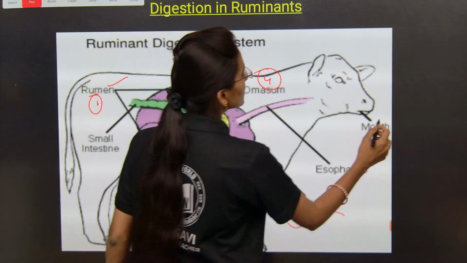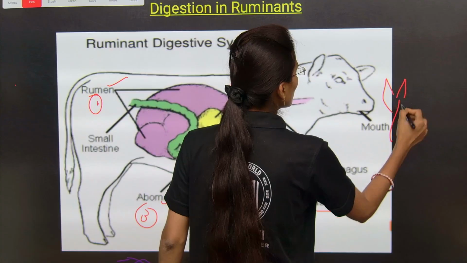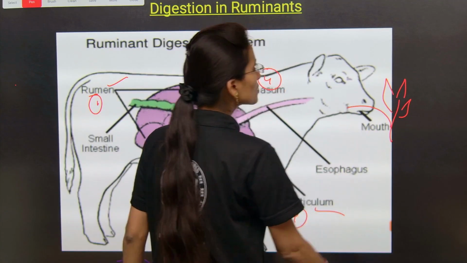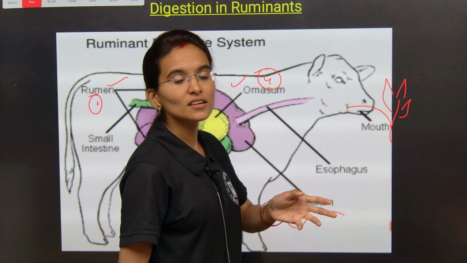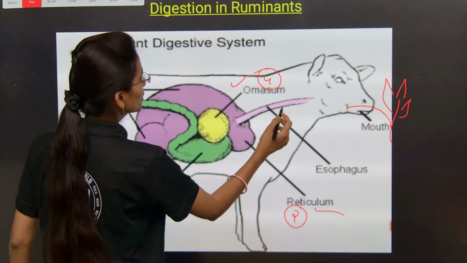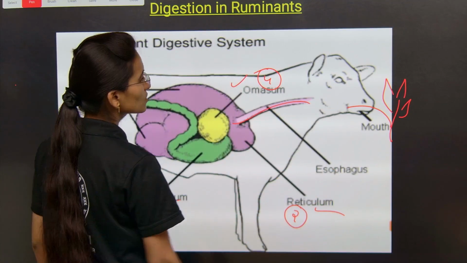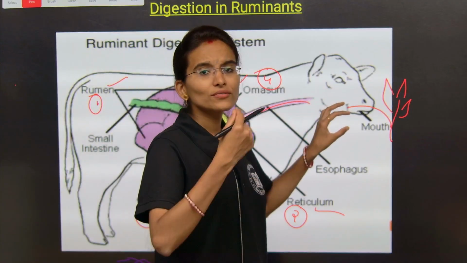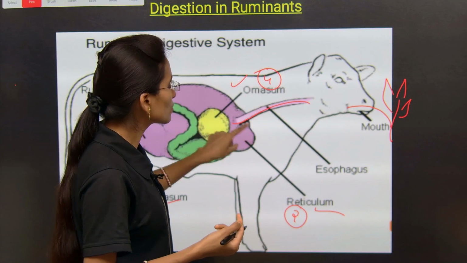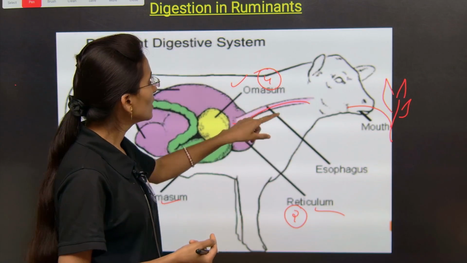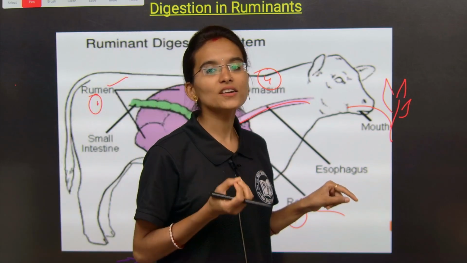So whenever this cow eats the plants, the food gets partially digested. The food passes with the help of the esophagus. After mastication and chewing, immediately it passes into the esophagus, and here it is partially digested, my dear students.